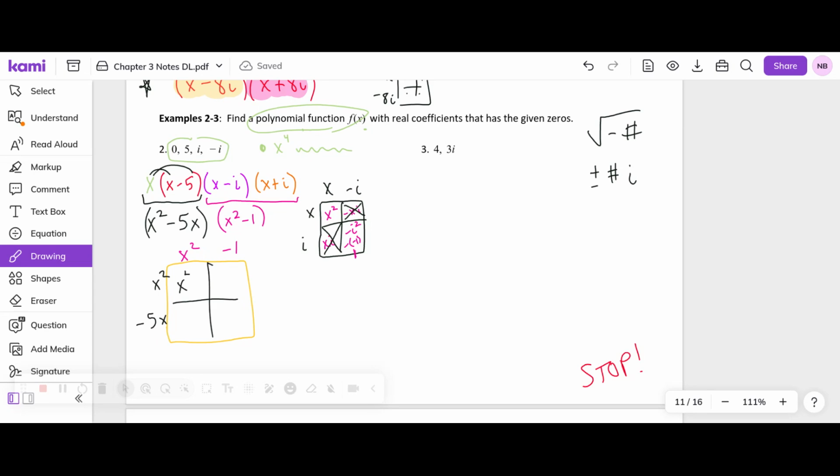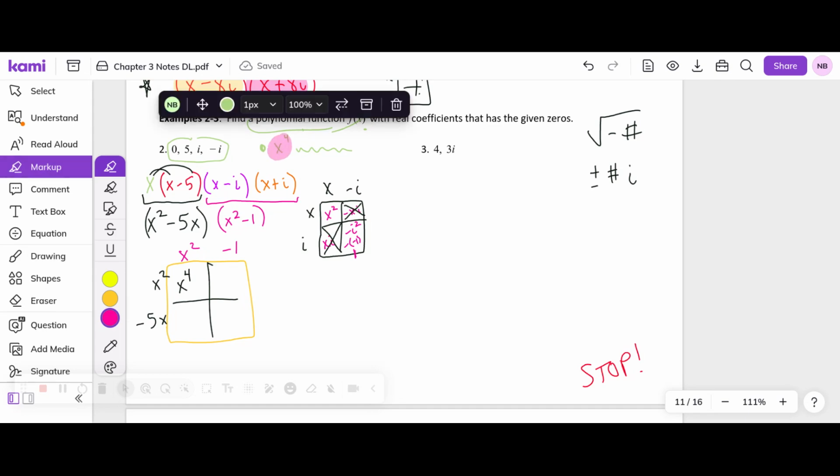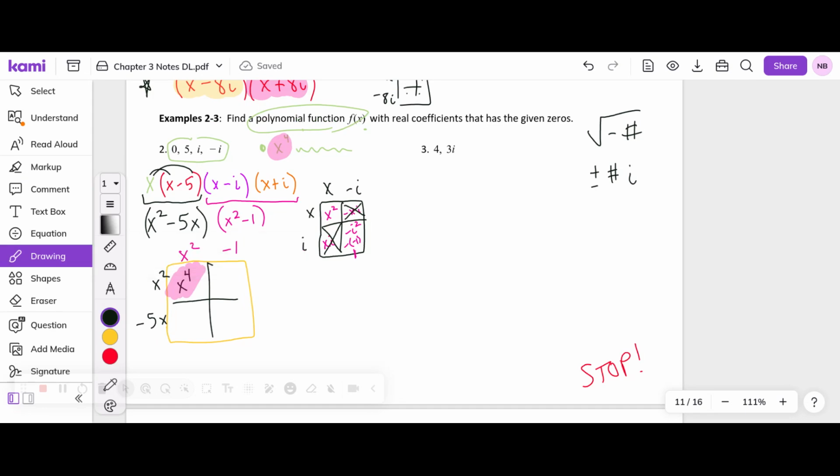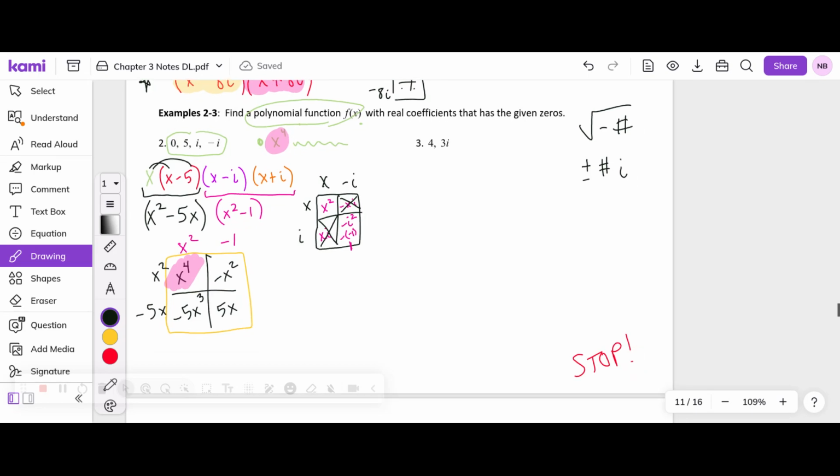So we get x to the 4th. Oh, that's good. Remember at the start we said it's got to be x to the 4th, so that's looking good. And then we've got negative 5x cubed, negative x squared, positive 5x. If you write these all out, you get x to the 4th minus 5x cubed minus x squared plus 5x.